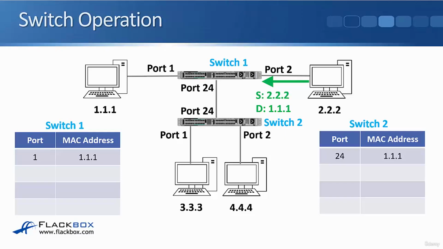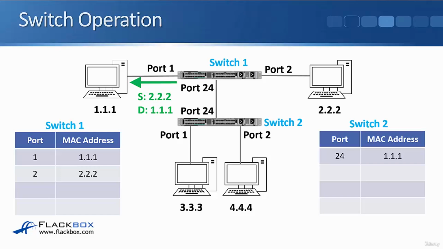In our example, again, it's going to send some return traffic, so that will hit switch 1 with a source MAC of 2.2.2 and a destination MAC address of 1.1.1. Switch 1 will update its MAC address table with the entry for 2.2.2 to say it's reachable on port 2.